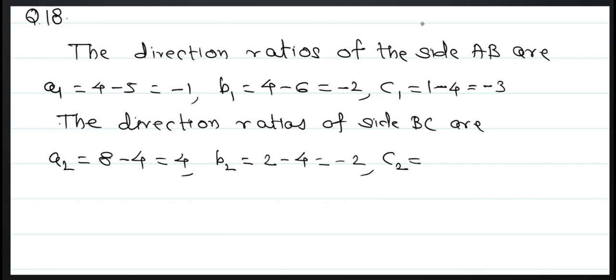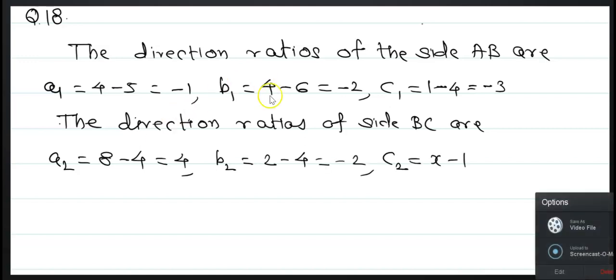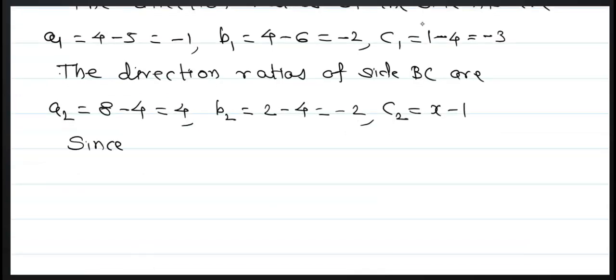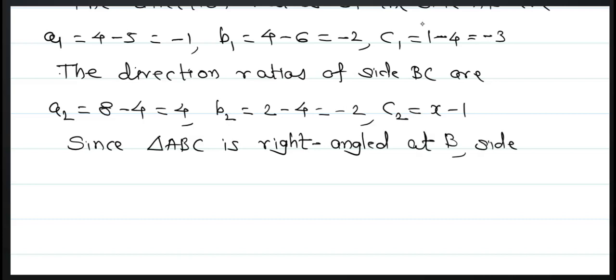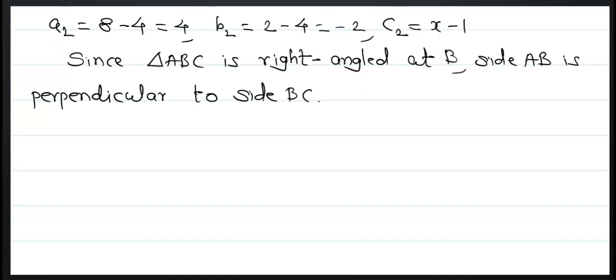Direction ratios of side BC are A2, 8 minus 4, that is 4; B2, 2 minus 4, that is equal to minus 2; C2, X minus 1. Since the triangle ABC is right angled at the point B, AB is perpendicular to side BC. B is common.